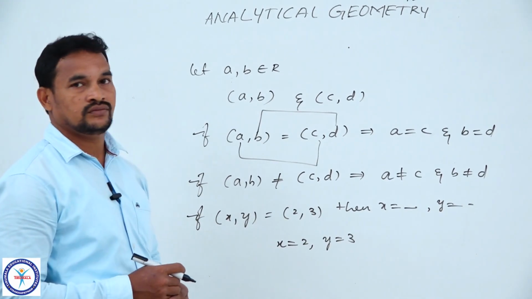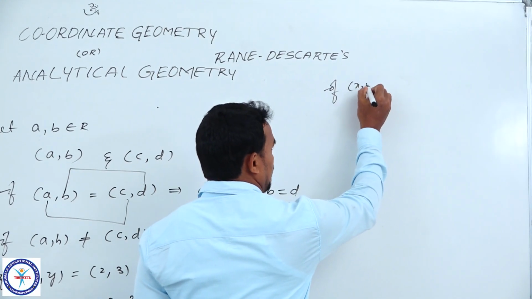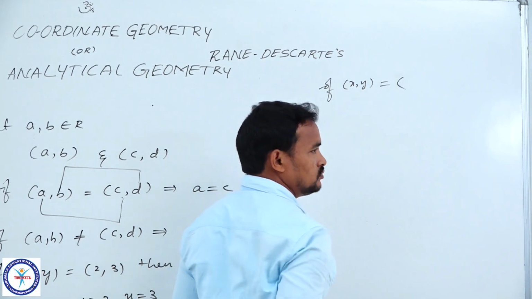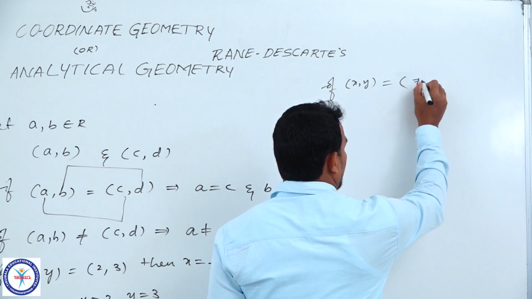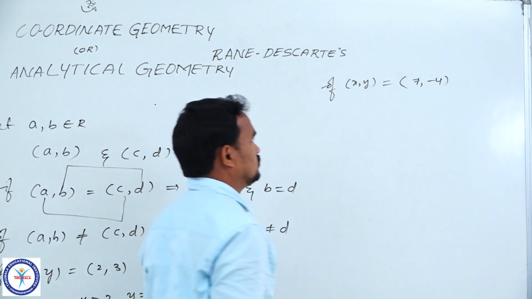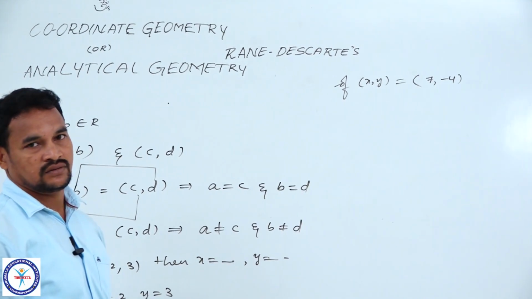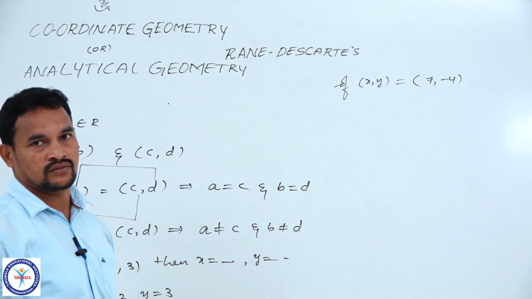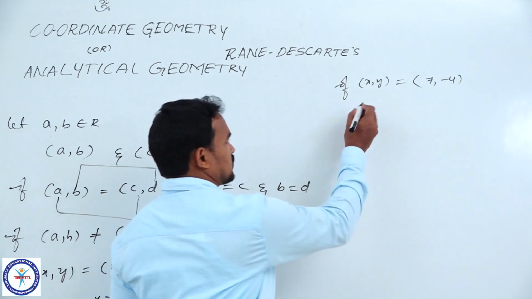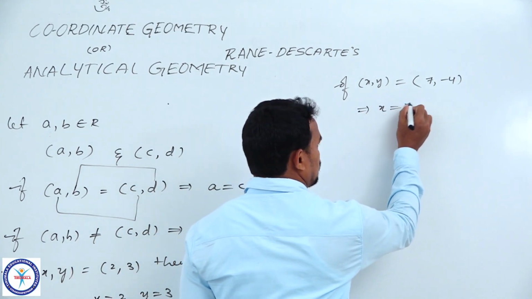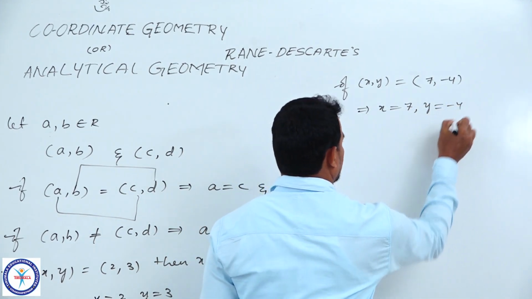One more example. If the ordered pair (x, y) equals (7, minus 4), here x value is 7, y value is minus 4. That implies x equals 7, y equals minus 4.